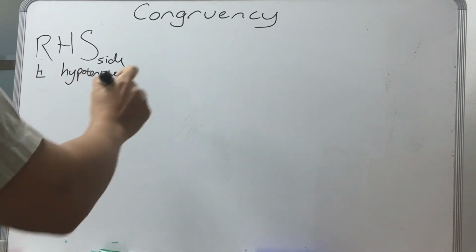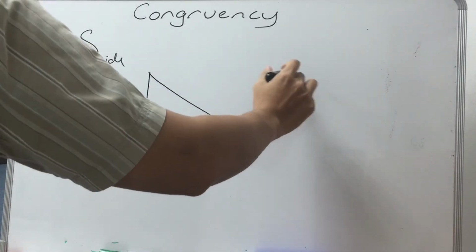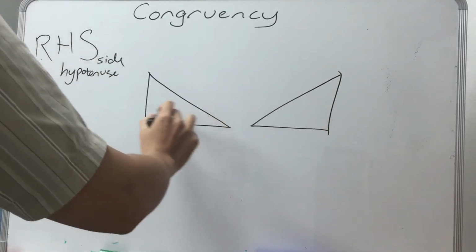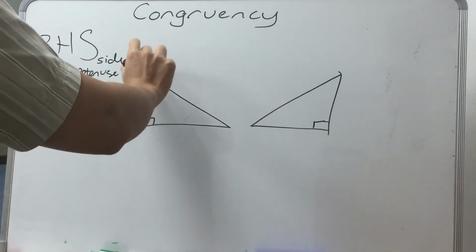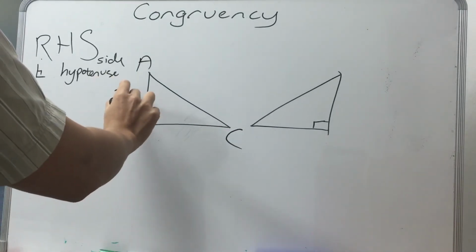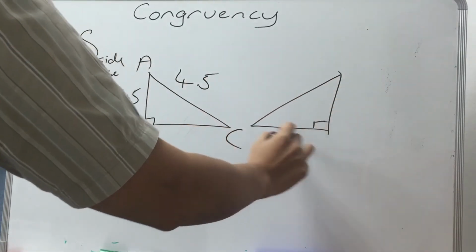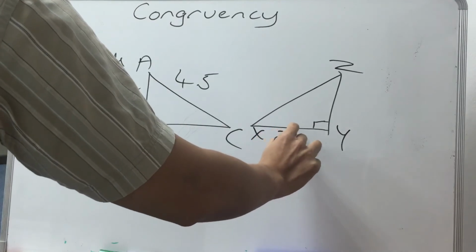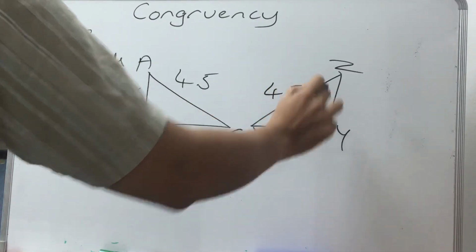So let's say these are 2 right angle triangles. Alright, so these are right angled. This triangle is ABC. So AB is 3.5 cm, AC is 4.5 cm. This triangle XYZ, XY is 3.5 cm, XZ is 4.5 cm.